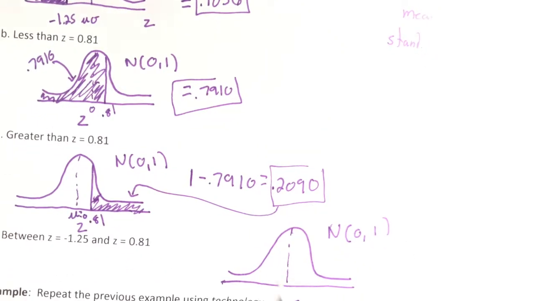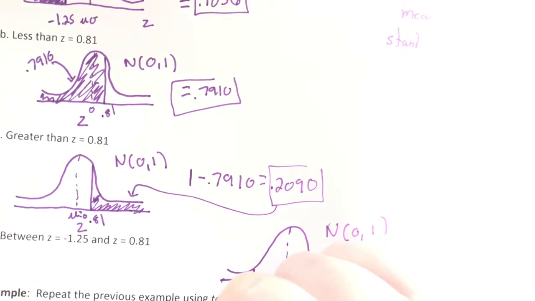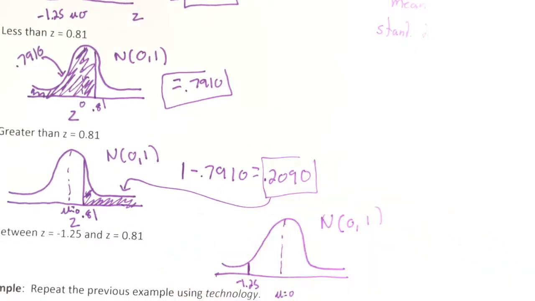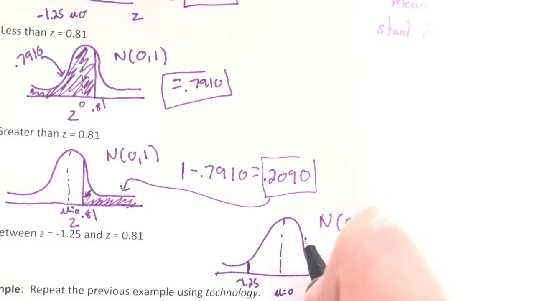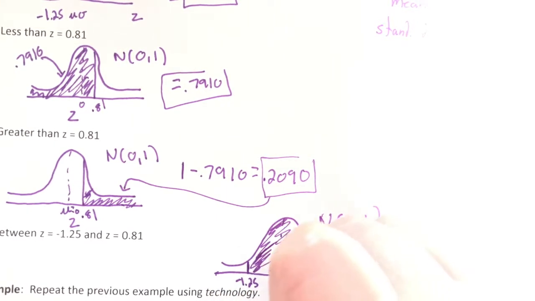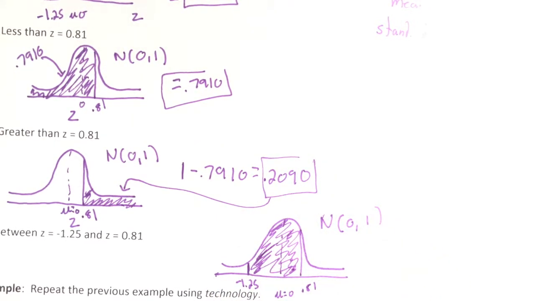All right, so negative 0.125 was somewhere right here. And then we also had 0.81, which we've just been dealing with for the past couple of problems. That's going to fall somewhere in here. And the question is, what percent falls in between there?